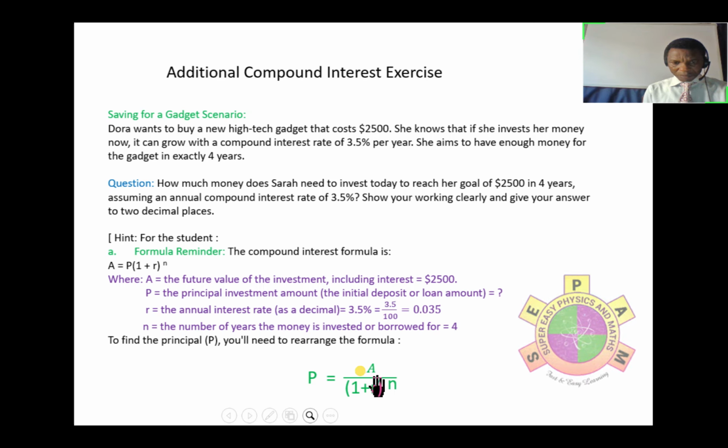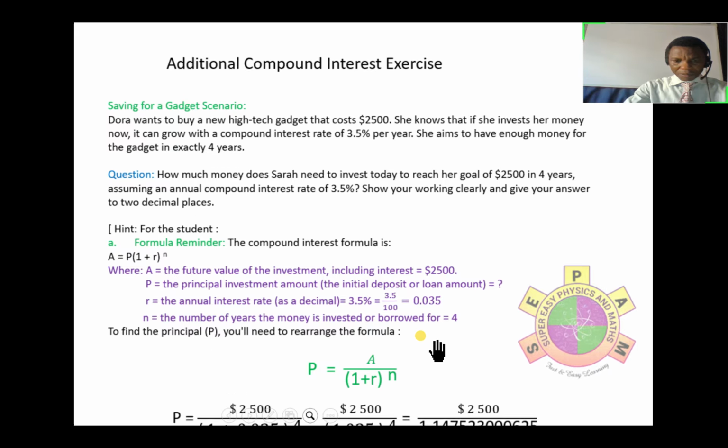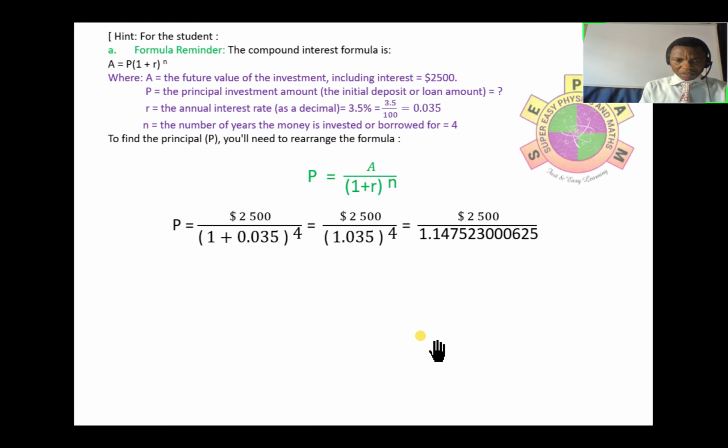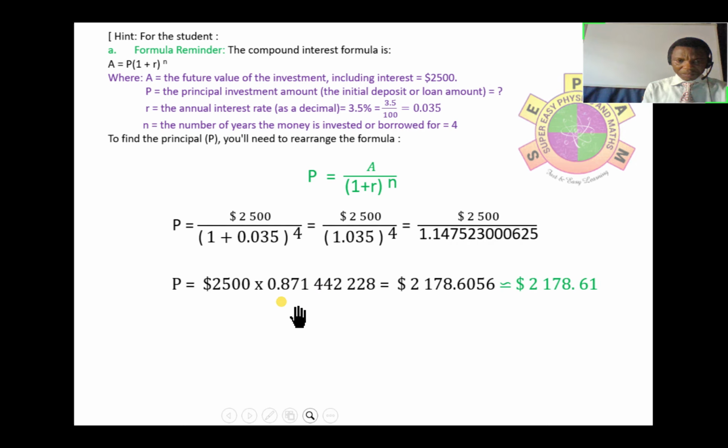To find the principal, all we need to do is rearrange this formula and make P the subject of the formula. So we've done that. If you substitute into this formula, we can now get the value of P. That gives, she needs to invest $2,178.61. In 4 years' time, this money will mature to $2,500.